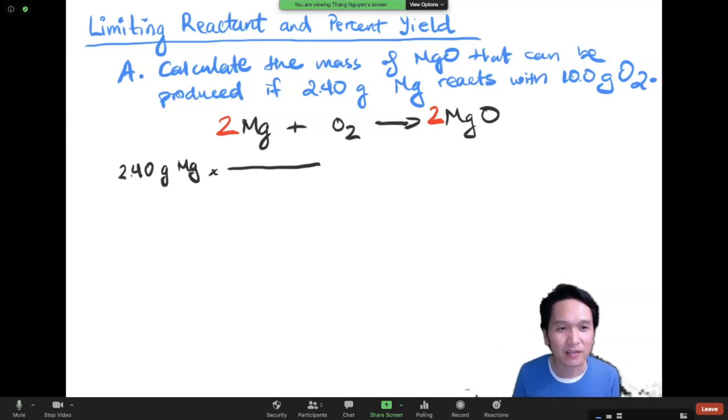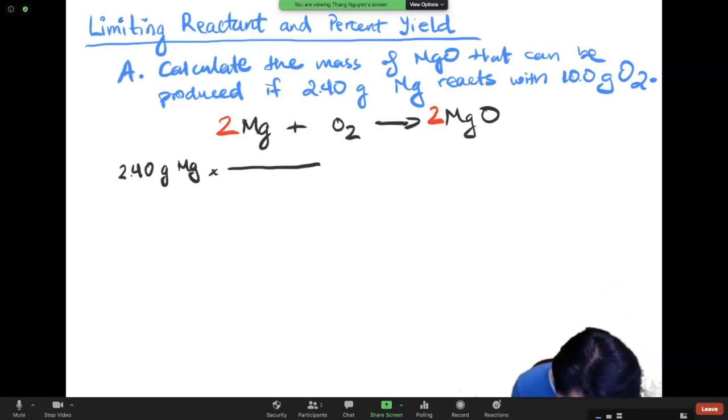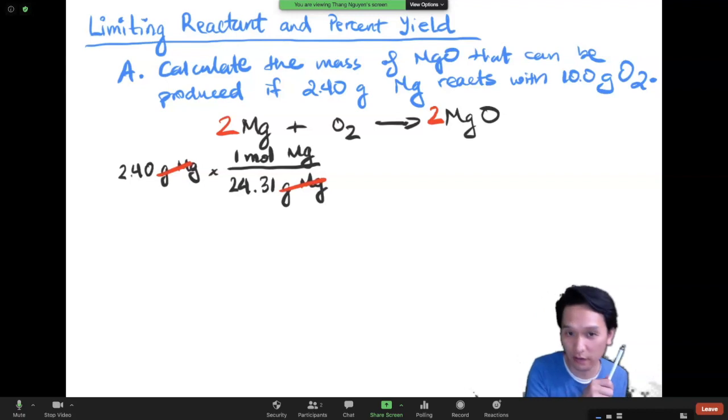So let's do that. From grams of magnesium, you need to go to moles of magnesium. And how do we go to moles of magnesium? Using the molar mass of magnesium. That's correct. All right, we just did from grams to moles. Now we need to go from moles of one thing to moles of another thing using the mole ratio.